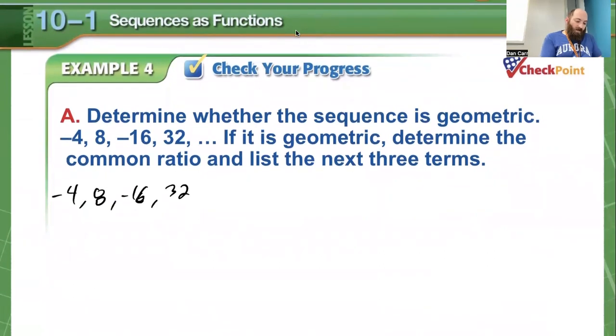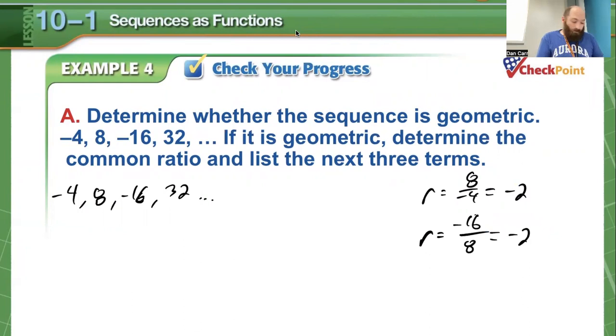If I look at this, I'm going to look at my consecutive terms. 8 divided by -4 gives me -2, right? Then I do the same thing with -16 divided by 8, also -2. 32 divided by -16, also -2. So in this scenario, my common ratio is actually a negative number.